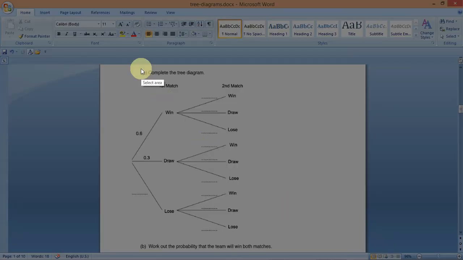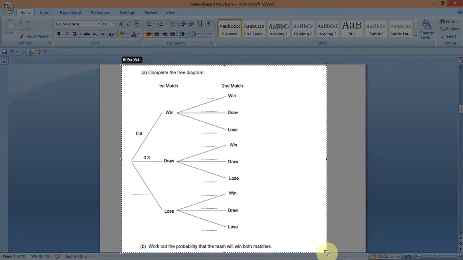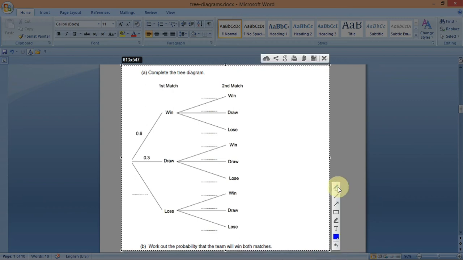Okay, let's just continue. So now we have to complete the tree diagram and work out the probability that the team wins both matches. So if probability win is 0.6 and probability draw is 0.3, then probability lose will be 0.1 because the probability sum should be equal to 1. Similarly here also probability win is 0.6, so just fill it in like that.